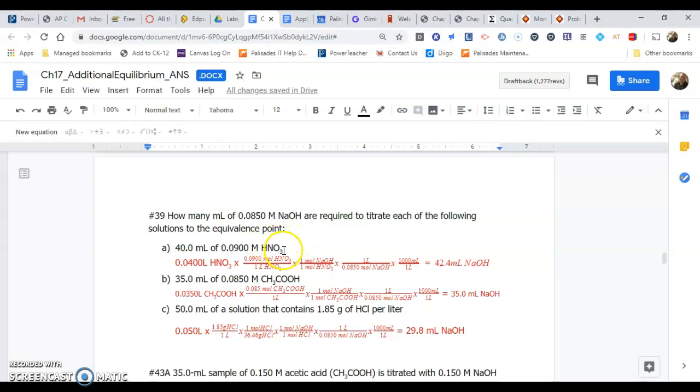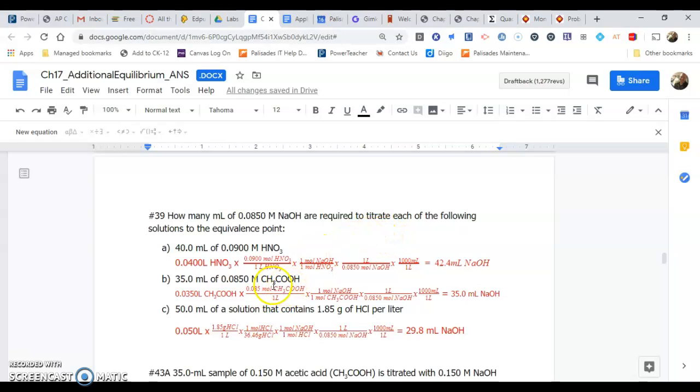Because it's HNO3. And so one nitric acid molecule is going to react with one sodium hydroxide molecule, right? One H+ ion is going to react with one OH- ion, right? So you're just doing a stoichiometry calculation, and you find out that at the end you have 42.4 milliliters of sodium hydroxide that it'll take to titrate this, right, to reach the endpoint.